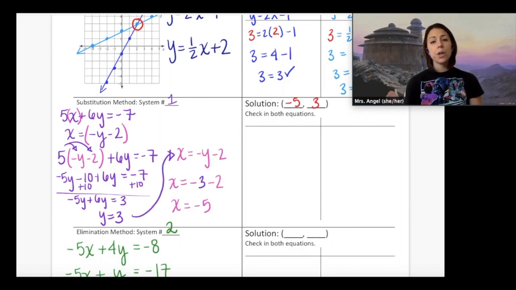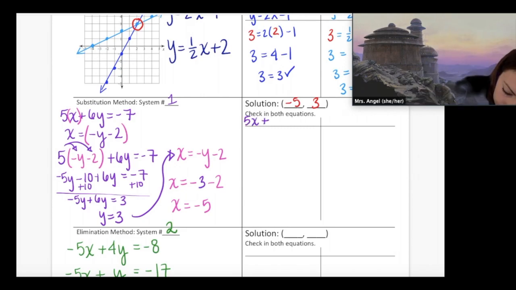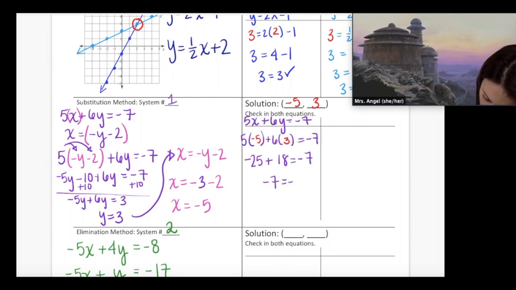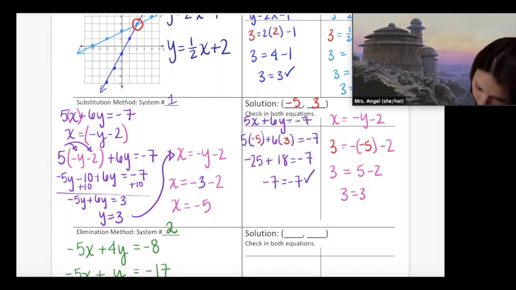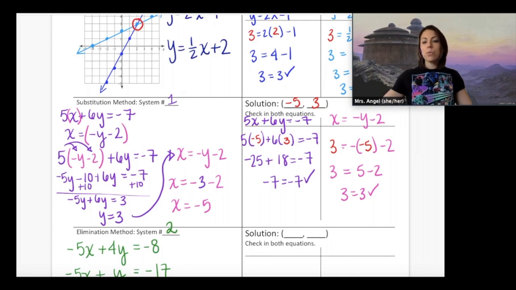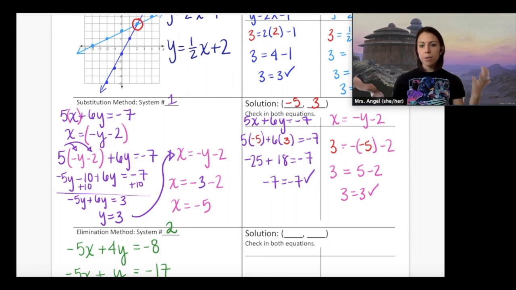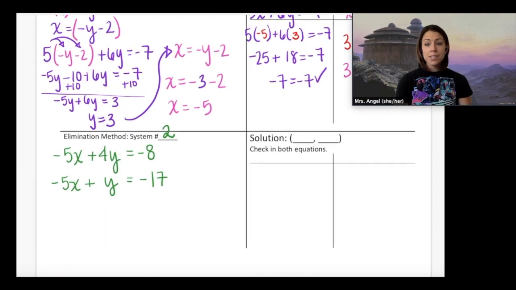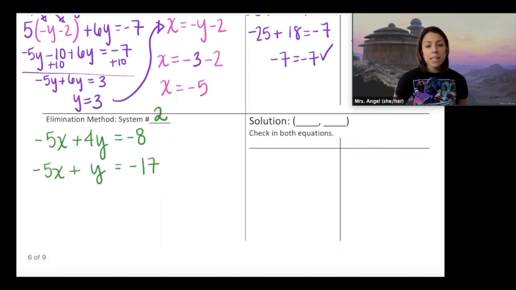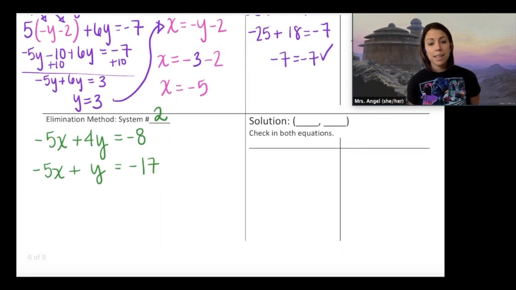And finally, we're going to check. Whew! All right. Well, it looks like we correctly solved the system using substitution, and our solution of -5/3 was correct. Last one, solving system 2 using elimination.